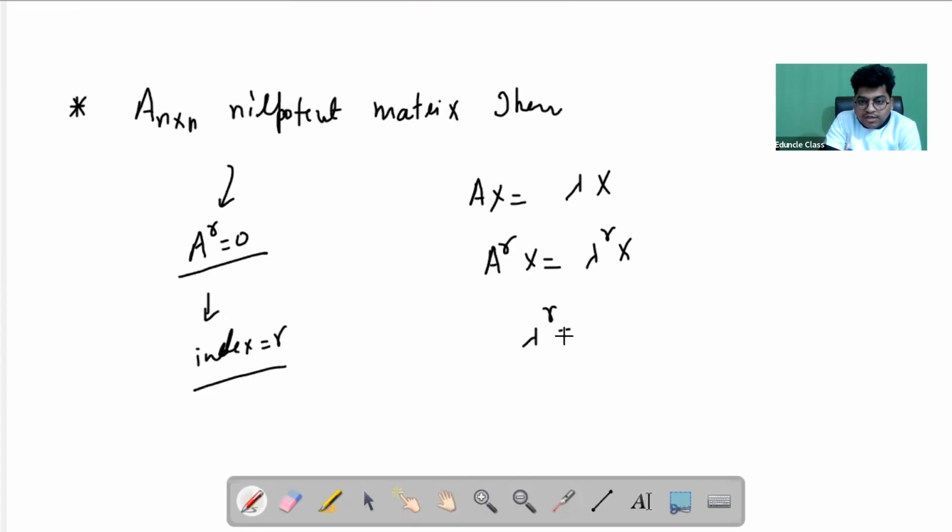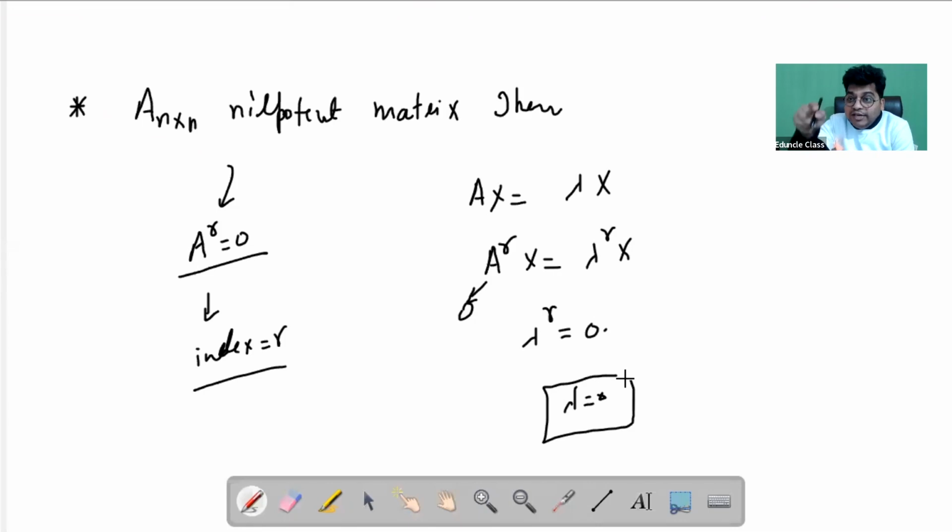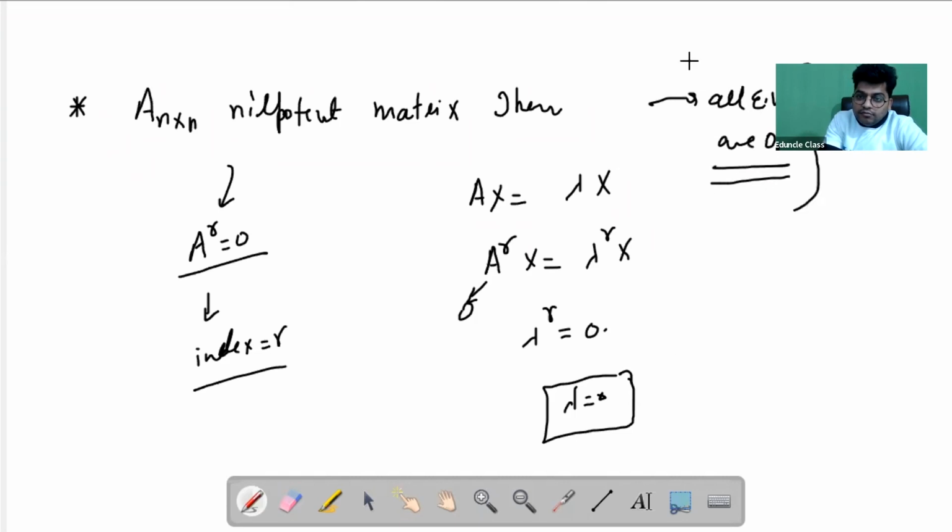So can I say lambda की power r is equal to 0? Because A की power r is 0. So lambda is equal to 0. So lambda is 0 is the only possibility. मेरी बात समझ रहे हो? Lambda equal to 0 is the only possibility for a nilpotent matrix. So it means nilpotent matrix की all eigenvalues are 0. Am I clear?